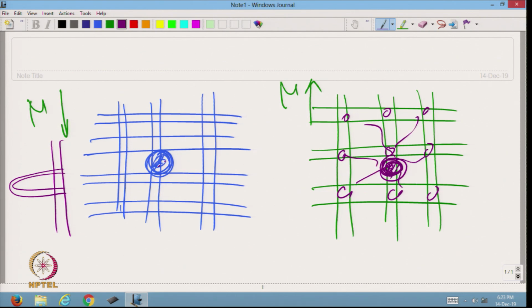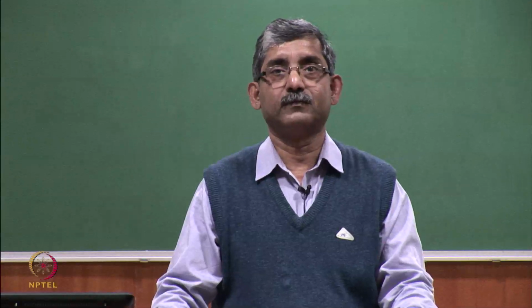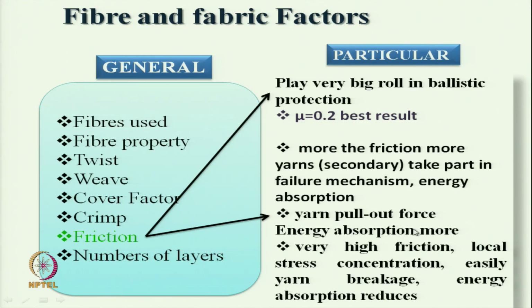But on the other hand, this yarn alone will take part in the absorption of energy. So, it will simply slide, it will simply pull out from the structure. So, yarn pull out force, that energy absorption is more, but at very high friction the problem is that local stress concentration will be there, easy yarn breakage and energy absorption reduces.